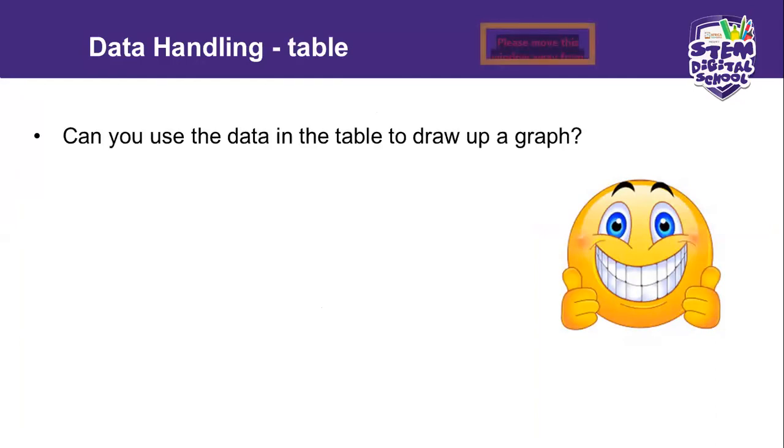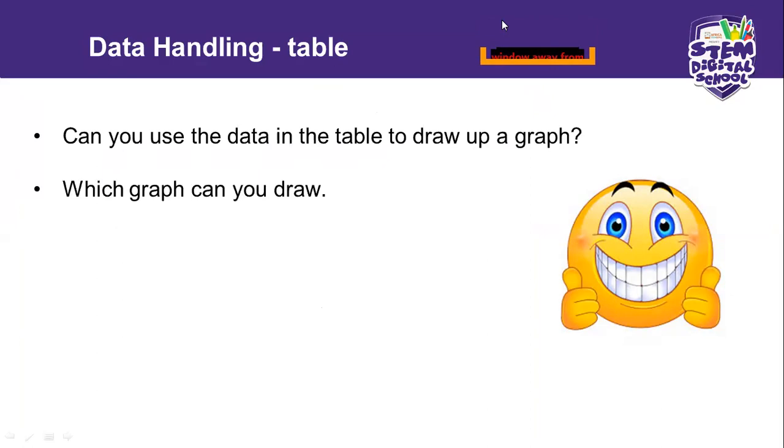Can you use the data in the table to draw up a graph? Can we use that information to draw up a graph? And which graph can you draw? Out of all the graphs that we talked about, which one would you choose?